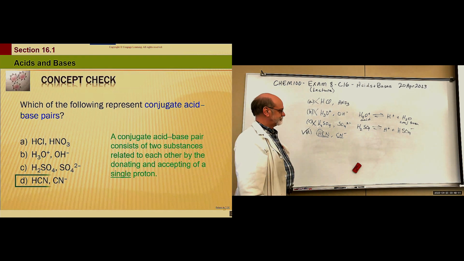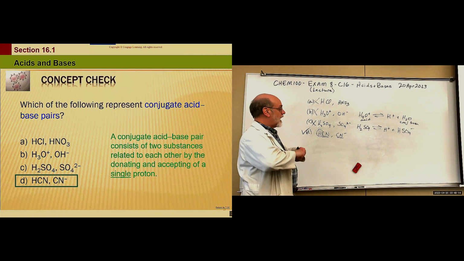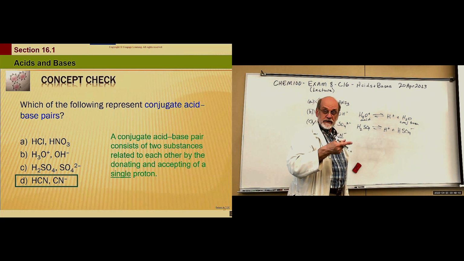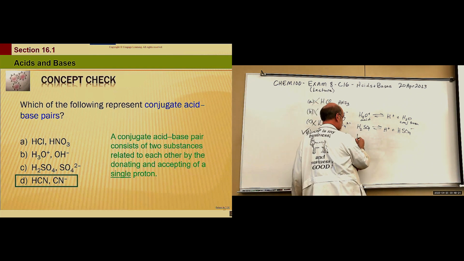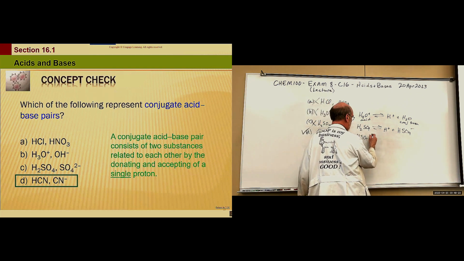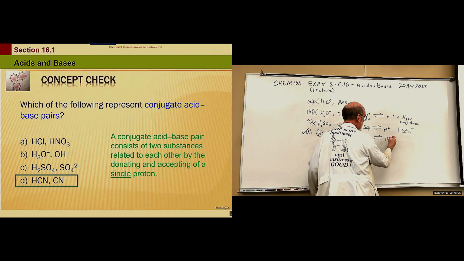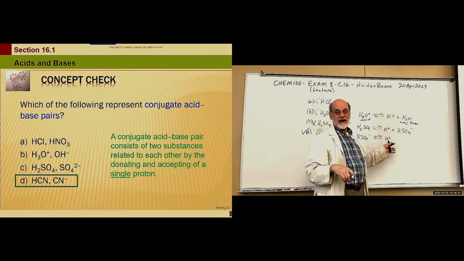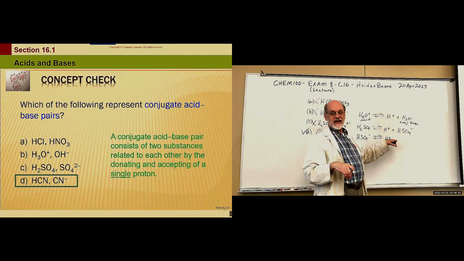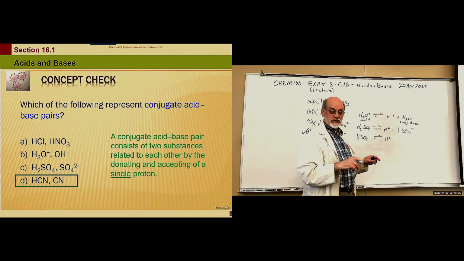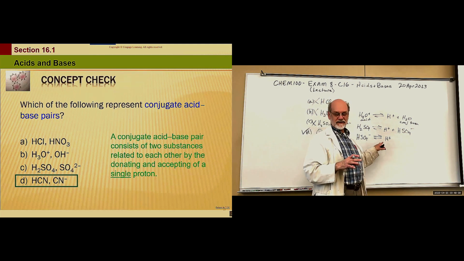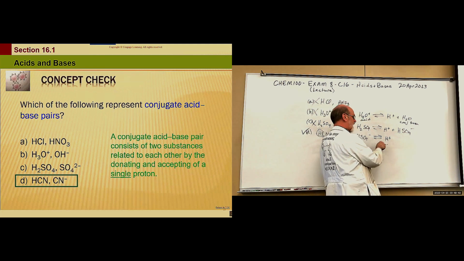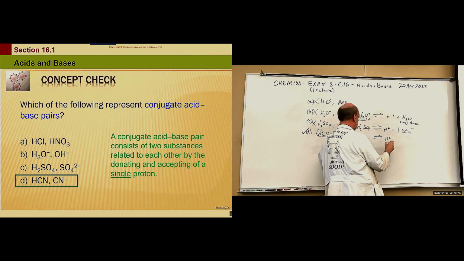Now, I will say, if we take this one, it can also transfer that proton. So if we did this one, HSO4 minus, and it lost a proton, and notice I'm using an abbreviated form here. I'm not drawing the hydronium ion. This is the abbreviated form, which I've told you earlier is not what actually happens, but it does explain the situation as long as we recognize that the proton is transferred to a water molecule.